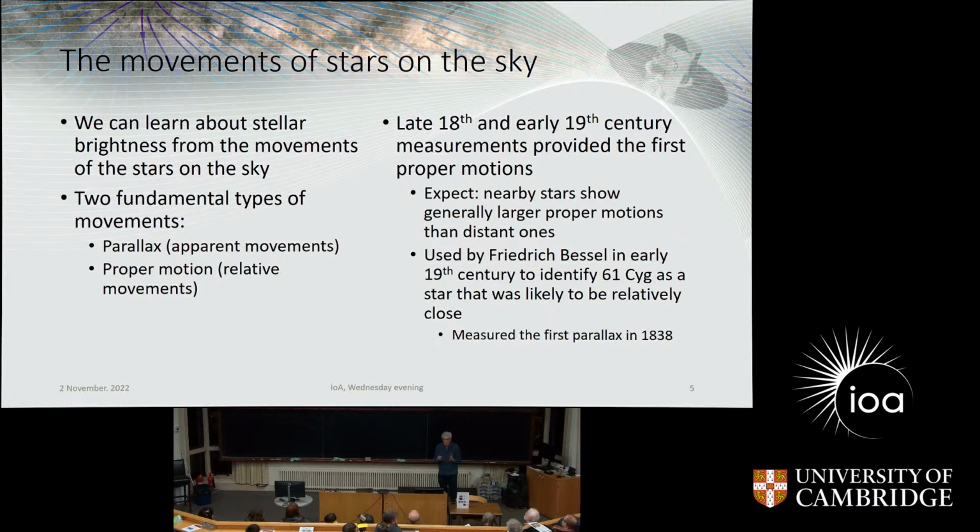Simply, if you have the same sort of motion but at different distances, it looks much more when it's nearby than when it's far away. So Friedrich Bessel used that in the early 19th century to identify the star 61 Cygni as a good candidate to measure the parallax of. And that's the first star that anyone measured the parallax of, in 1838. And it was actually done quite accurately.